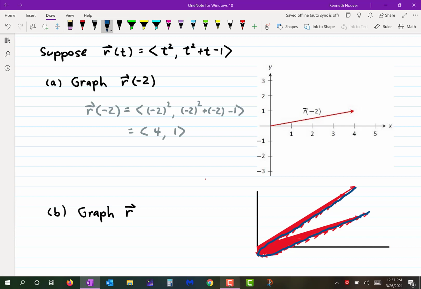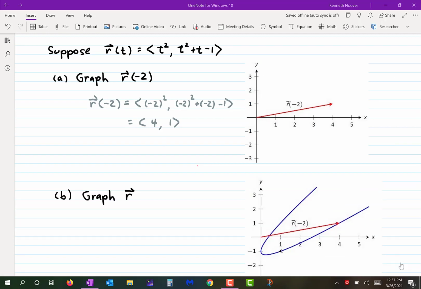Let me show you an actual computer-drawn picture of that. So the red vector is one vector, r of negative 2. The blue parabola-type shape is a graph of the whole function.